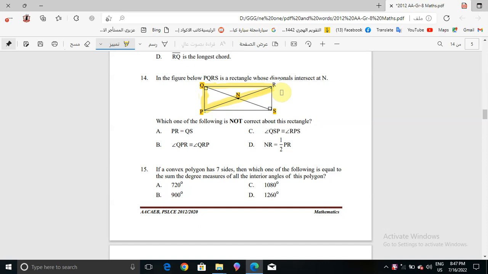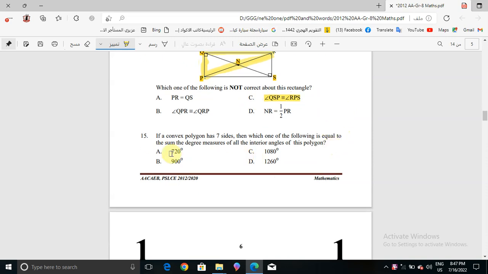Yes, this one is correct. Okay, in choice C, the angle QSP is similar to RPS. No, choice C is not correct. So that means C is the correct answer for question number 14.